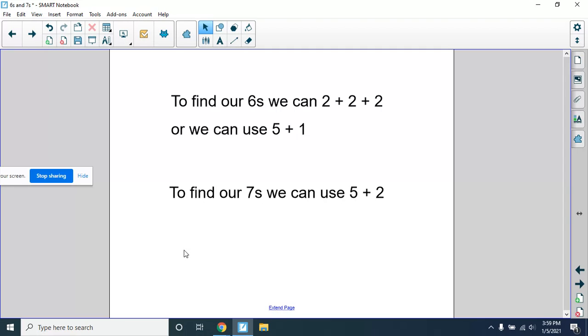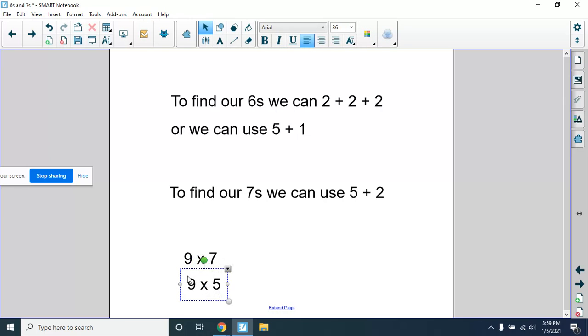If I want to find 9 times 7, don't think of it as our 9s, think of it as our 7s. I can use the 2 facts, 9 times 5, and 9 times 2 to find 9 times 7.